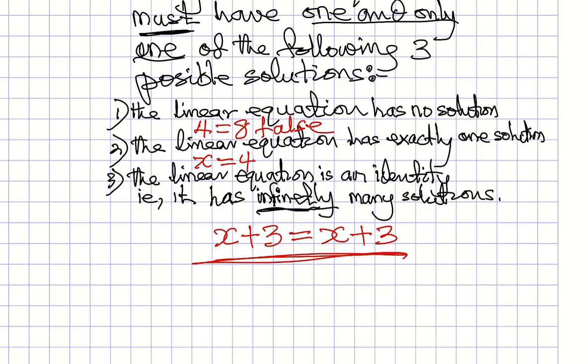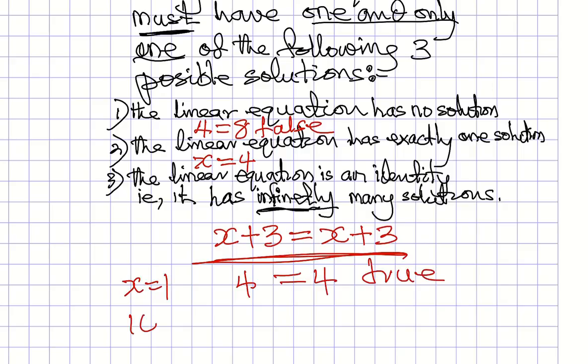It's an identity, right? In this situation, the equation you're solving has infinitely many solutions, because any number you put in for x, the statement will be true. Let's say you put x equals 1, then you get 4 equals 4, which is true.